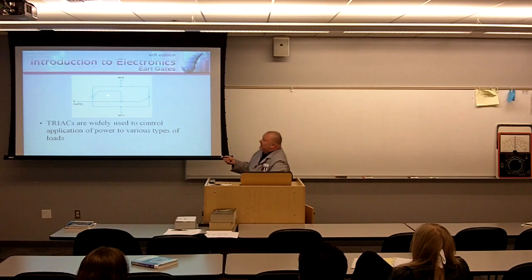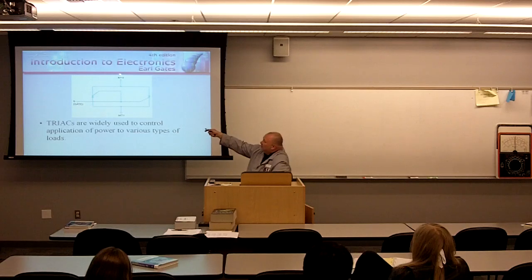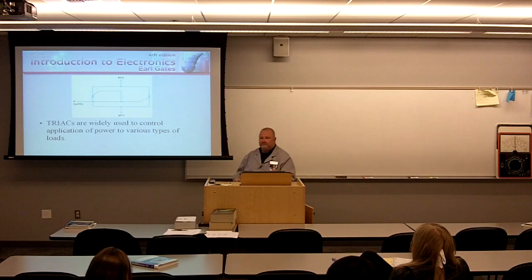Literally inside it's the equivalent of one SCR with the cathode on the top. Here's another SCR with the cathode on the bottom. So this one will conduct current flowing negative to positive. This will conduct flowing positive to negative on this side.